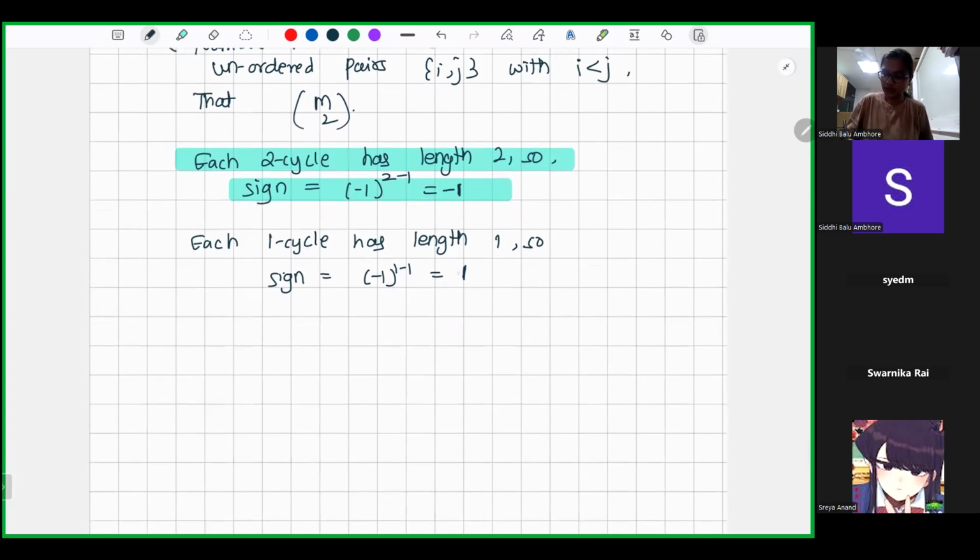This was minus 1 and this was plus 1. There are m choose 2 such cycles, and here the 1-cycles are positive.